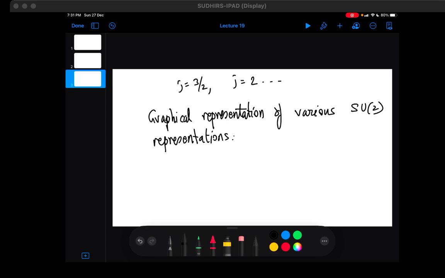The basic idea in the graphical representation is that in the quantum space, or in some sort of a theory space, you represent all the irreducible representations according to their J values as well as their M values. When I write it down, you will be clear.